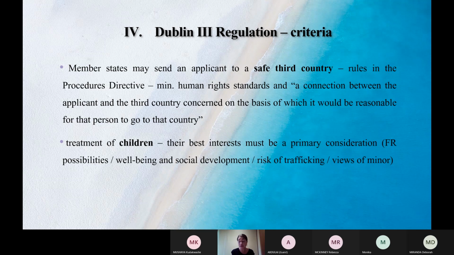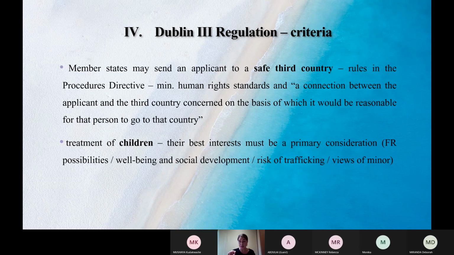Member states are permitted to send a person to a safe third country in certain circumstances. There's a list of different criteria, but briefly, these are when that third country has minimum human rights standards.